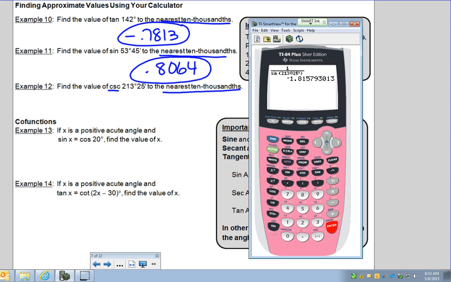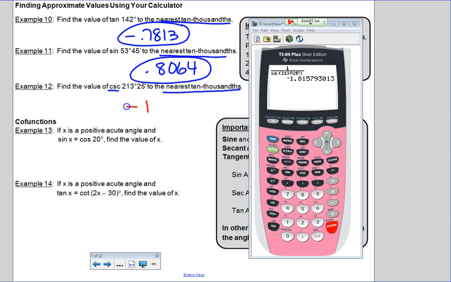And your answer is negative 1 point, okay, 7 is going to be rounded because of the 9, so 8158.